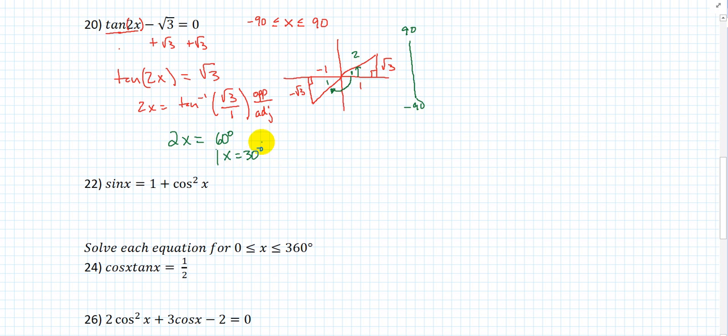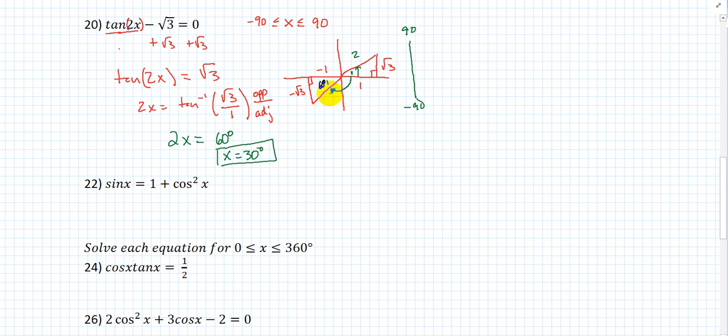So that's one answer. Well, the confusing part is I also have this angle right here. Now this angle also is 60 degrees, but I don't want to deal with that. I want to go negative, and if I go negative, that's 90 degrees from here to here.